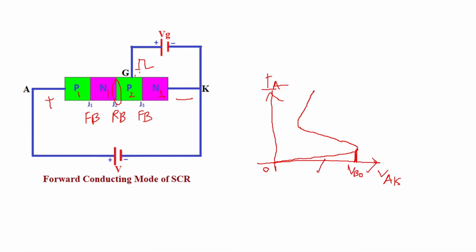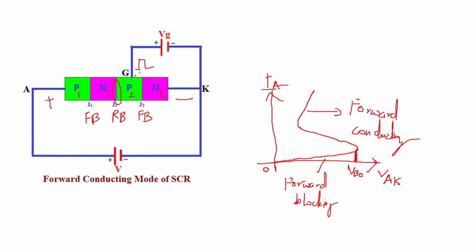So this will be called the forward blocking state, and this will be called the forward conducting state. This is happening because either you increase the voltage between anode and cathode too high so that you reach the breakover voltage, or you apply the gate pulse so that the breakover voltage is reached.